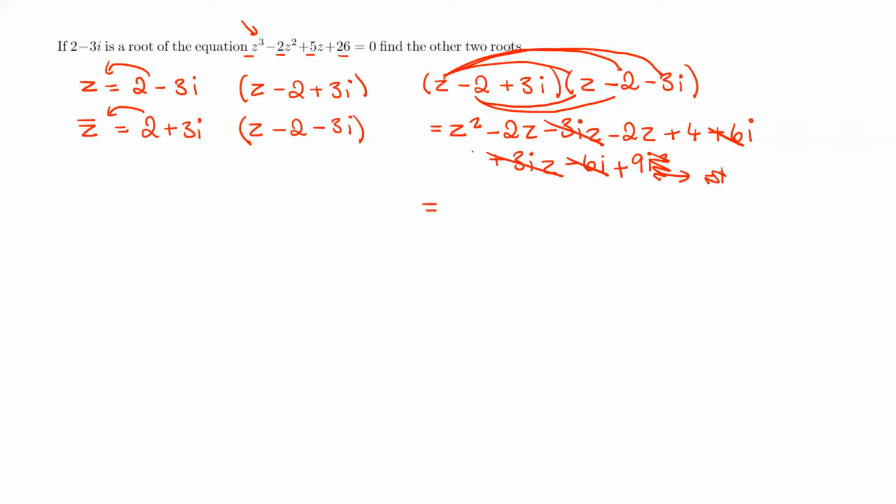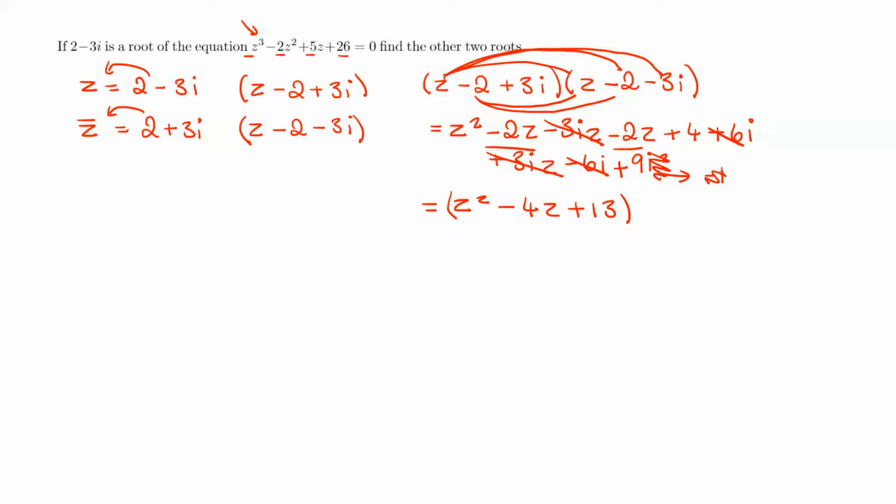So we can rewrite this now. We'll add the two minus 2z's together to get minus 4z. So we'll get z squared minus 4z, and then we'll have plus 4 plus 9, that'll be plus 13. Okay, so that's going to be the two factors of the roots multiplied together. So that's our first step in finding the third root.